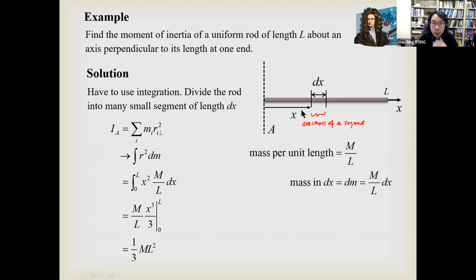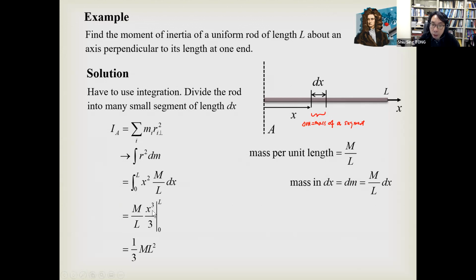Okay. And of course, I integrate from the axis to the other end of the rod, right? So I integrate from 0 to capital L. Capital L is the length of the rod. Okay. The constant can be taken out. So I'm left with the integration of x squared dx.